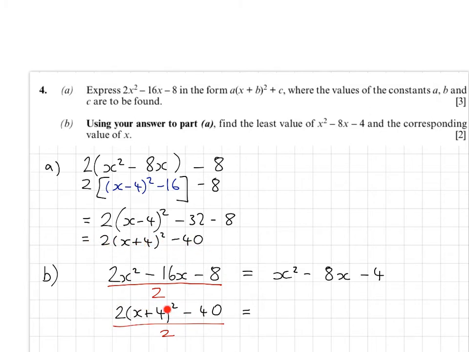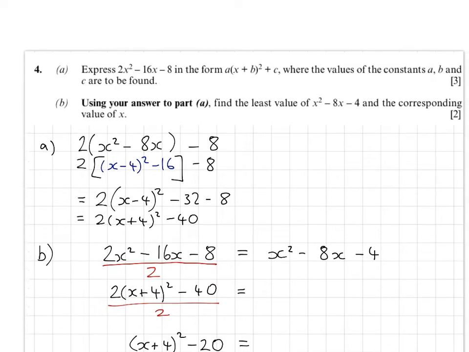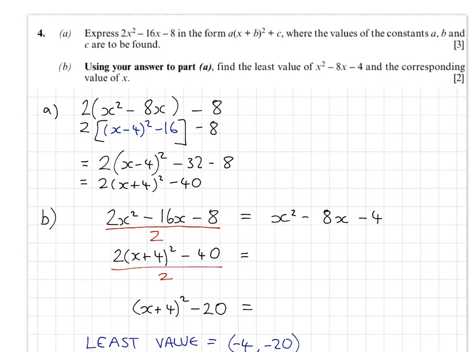So 2(x minus 4) squared minus 40, sorry, divided by 2. Now when I'm dividing by 2, that thing in the bracket doesn't actually change at all. Because these two things are timesing, I can just cancel that 2 there. So 2 divided by 2 is 1, which I can just leave blank. You could write 1 if you wanted, it's not wrong. And then that 40 divided by 2, because that's takeaway, I do have to cancel that one as well. 40 divided by 2 is 20, and that's equal to this thing the whole time. Maybe I should have written that down there and there as well.